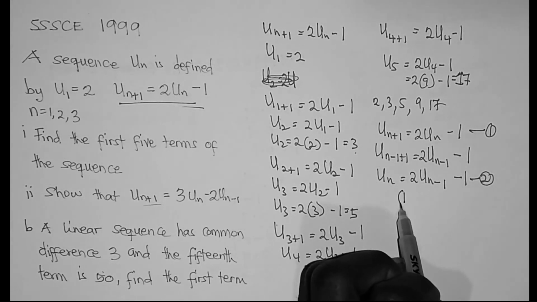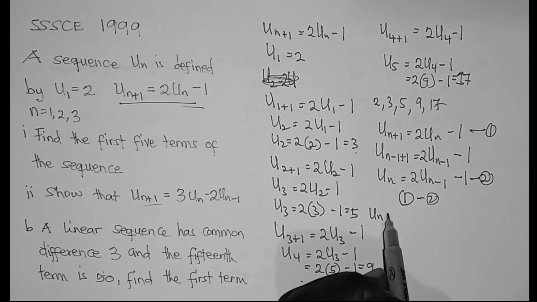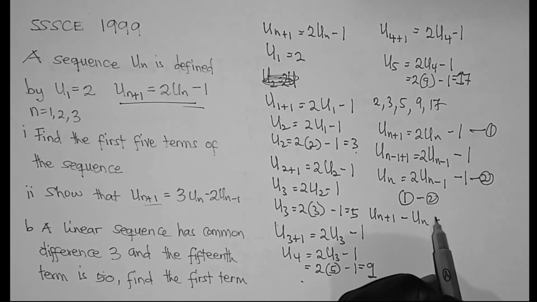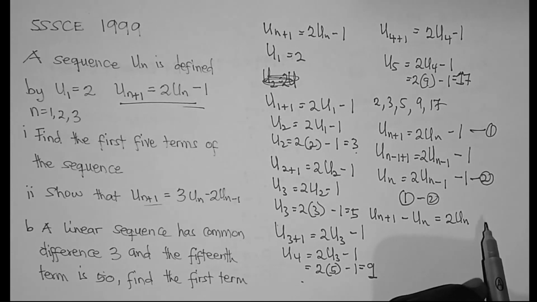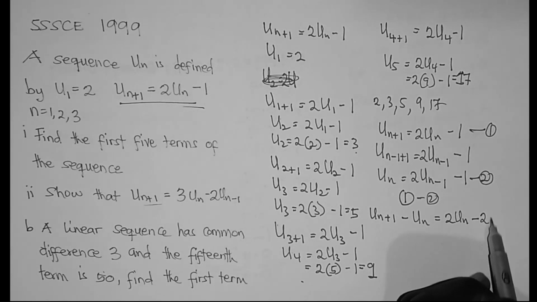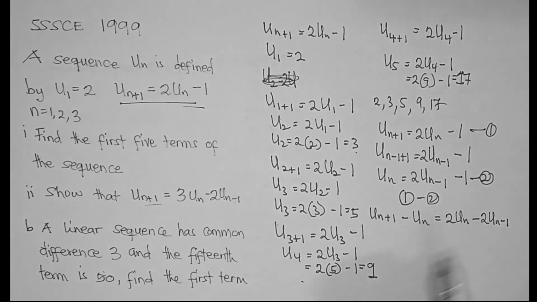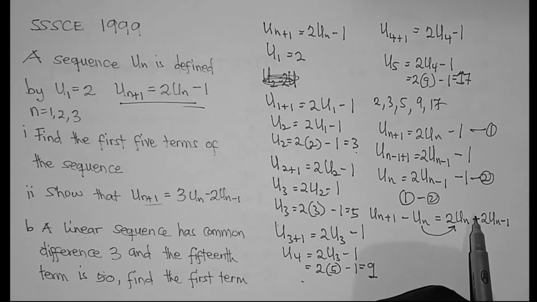Equation 1 minus equation 2 becomes u(n+1), which is this, minus u(n) equals 2u(n) minus 2u(n minus 1). Then minus 1 minus minus 1 becomes 0. Let's group like terms. We can bring minus u(n) here, and then we'll be left with u(n+1).